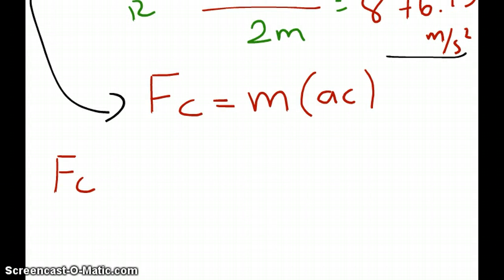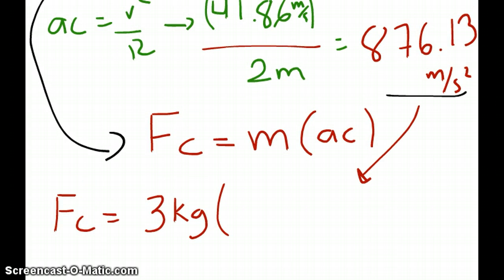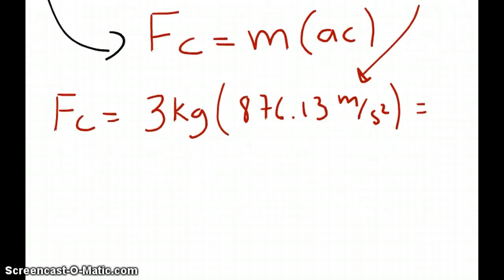Our mass is 3 kilograms times our centrifugal acceleration, which is 873.13 meters per second squared. Let me do the math. Our final answer is 2,628.4 newtons.